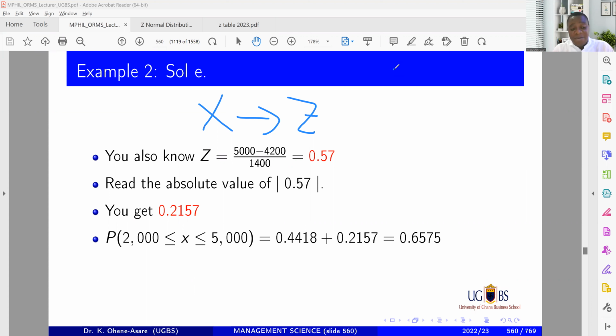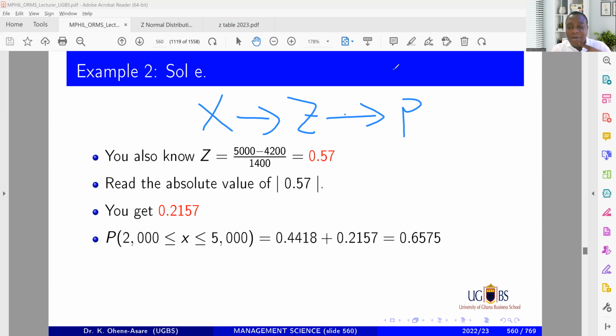So if you have observed, when they say 6,000, we go and find its corresponding standardized Z value. Once we get the Z value, we use the Z value to find the probability. And then we check whether it is below, above, or between something and something. That's all we've been doing.